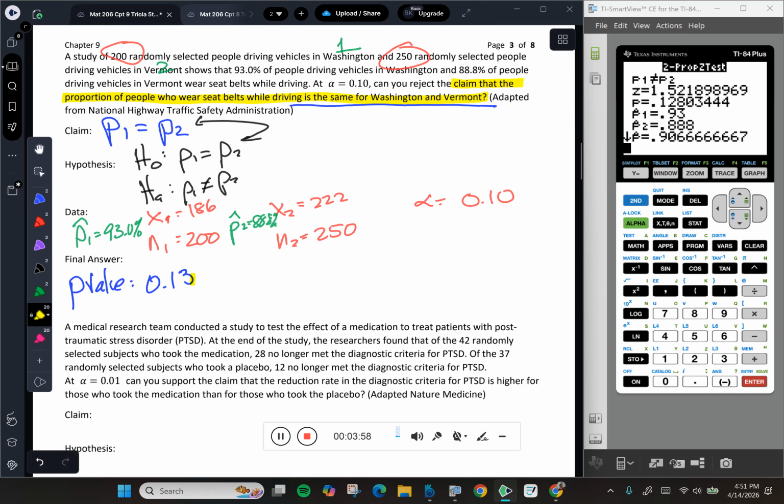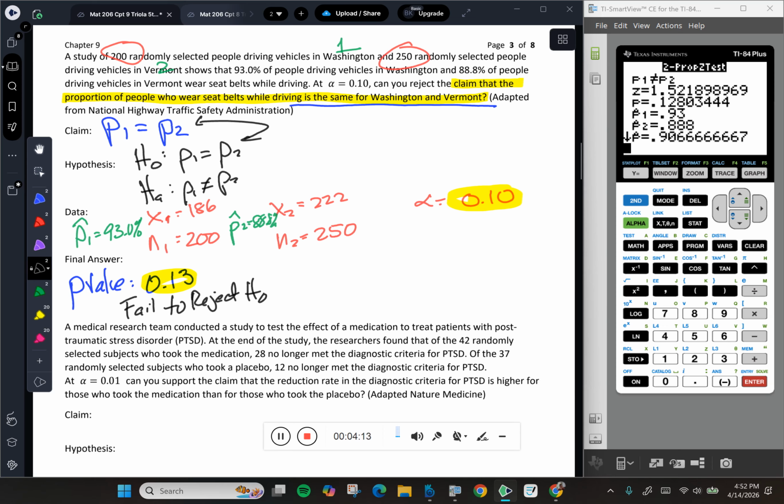When I compare my p-value to my alpha, p is greater than alpha, so we fail to reject that null hypothesis.